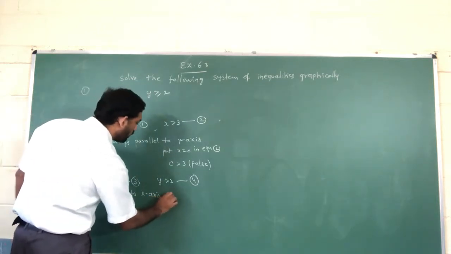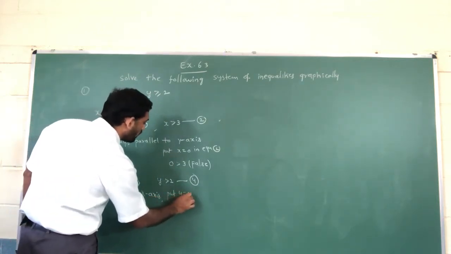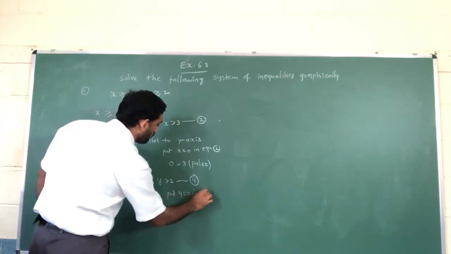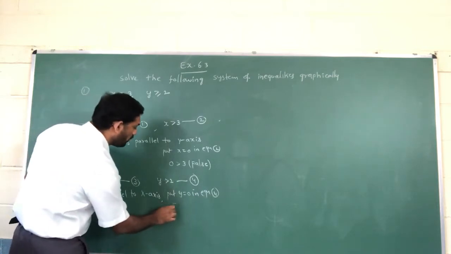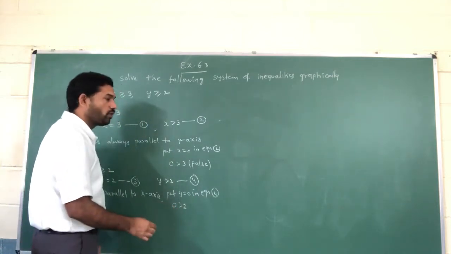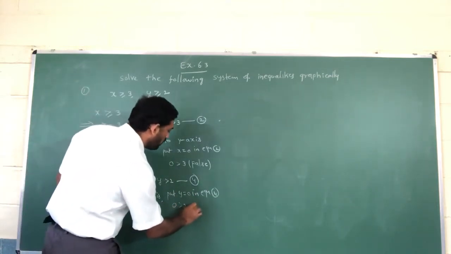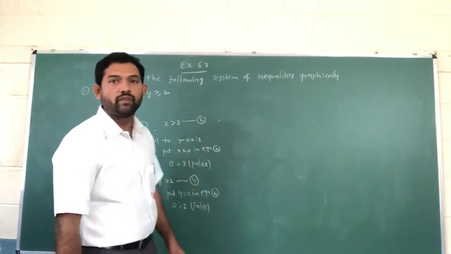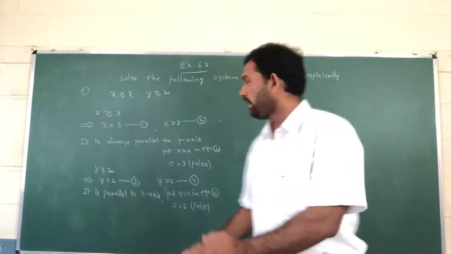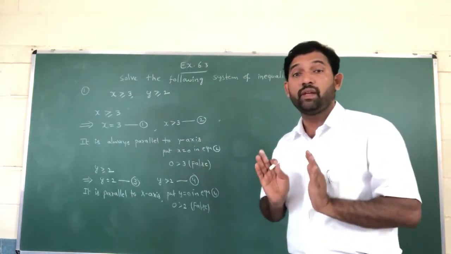Put y equal to 0 in equation number 4. Then what happens? 0 is greater than 2, which is always false.